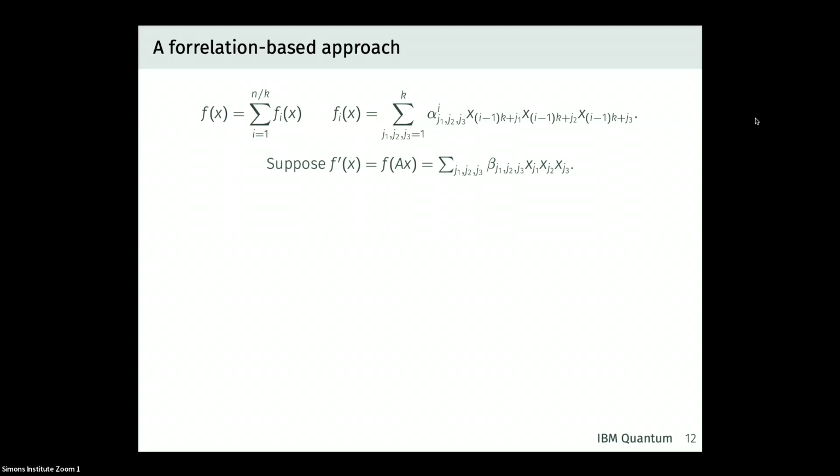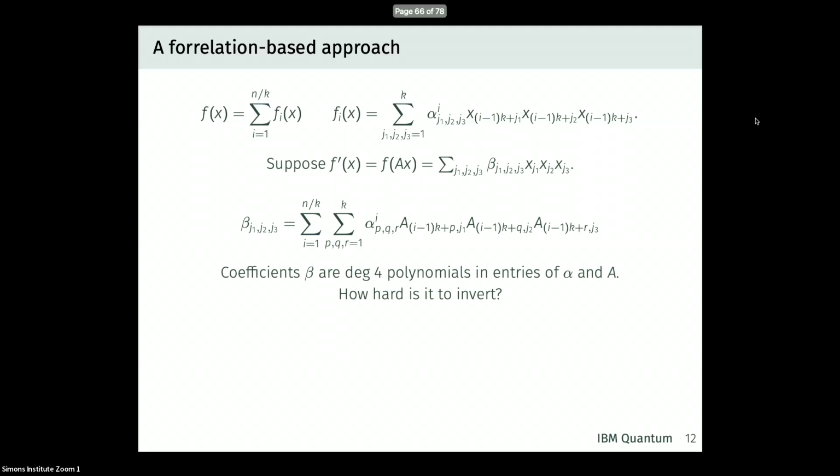So if f prime of x is f of Ax, and we write this again in terms of its coefficients, which we denote as beta, then you can show that applying the affine transformation gives you this expression for beta, where again everything here is mod 2. So you have the alpha coefficients and products of 3 entries of the A matrix.